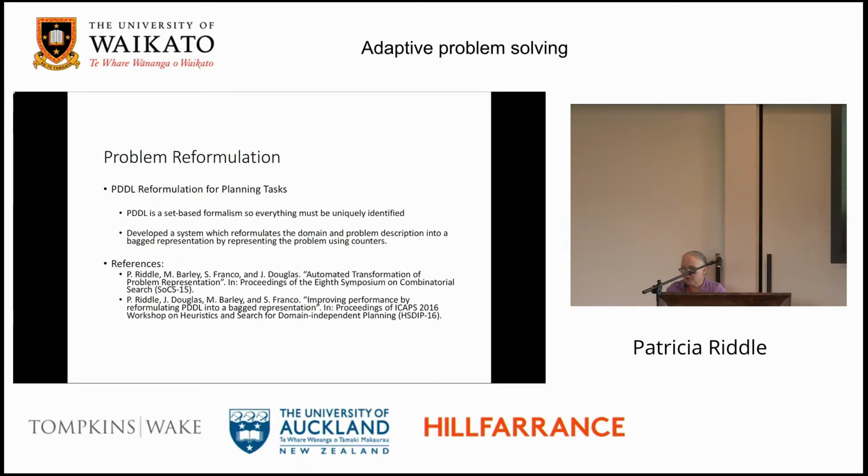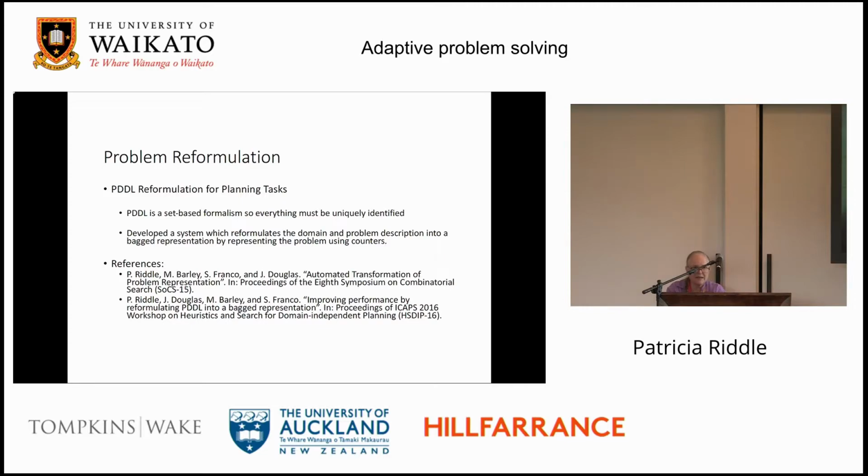So the first work we did was on problem reformulation. This was in the planning area, where they use the PDDL representation language for representing the problems they're trying to solve. It's basically a set-based formulation. Because of that, if you have 10 spoons in your drawer for the problem you're trying to solve, they're called spoon 1, spoon 2, spoon 3.